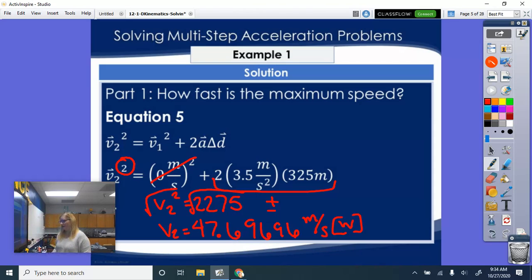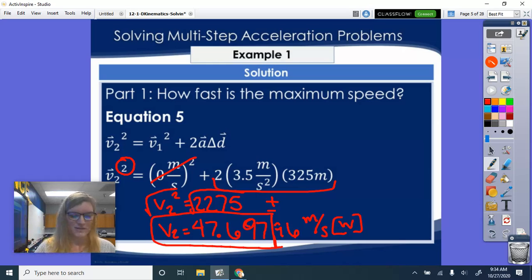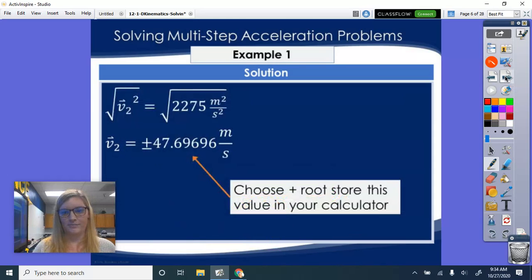So I try to take at least 3 decimal places, and then I would round this up to a 7. So I would leave it off as this. You can always go back and choose previous answer in your calculator if you really want to. But this is about as accurate as we're going to need right now.